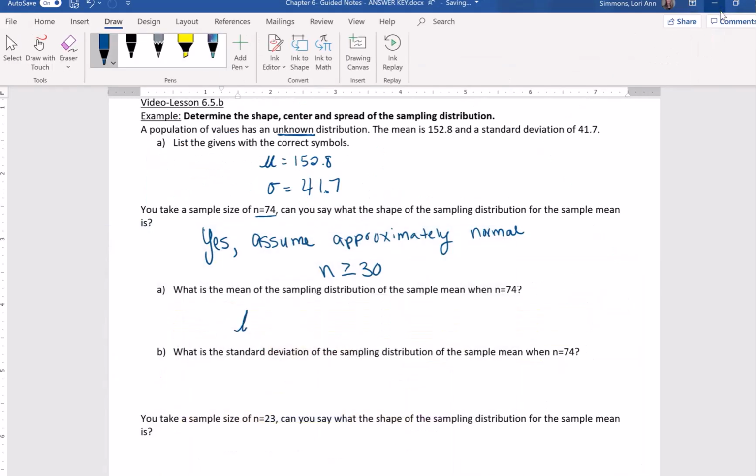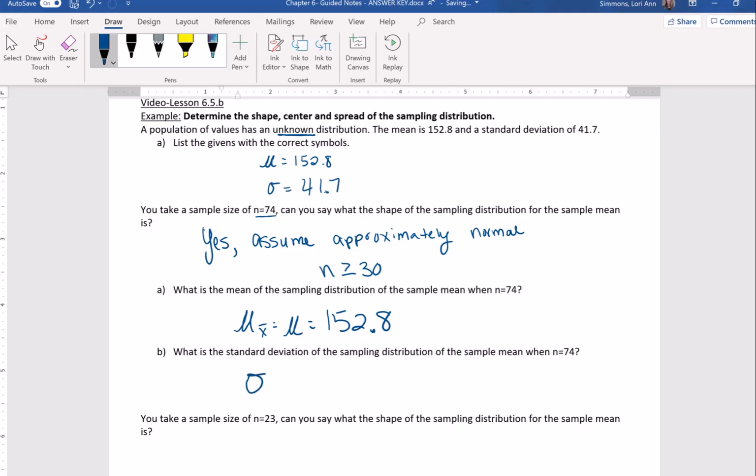So mu of x bar is equal to mu. What's mu? 152.8. So that's the mean of the sampling distribution of the sample mean. Lots of wording going on there, but again, it's just the sample means that we are plotting and then coming up with the new mean and standard deviation from that.